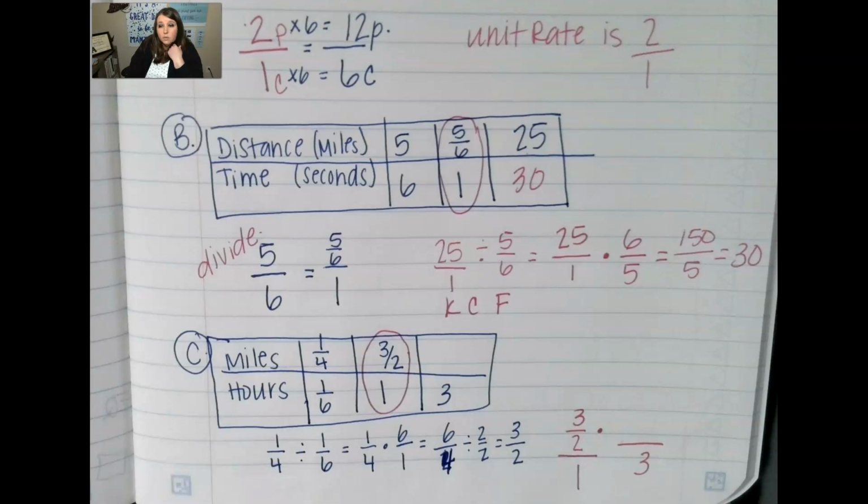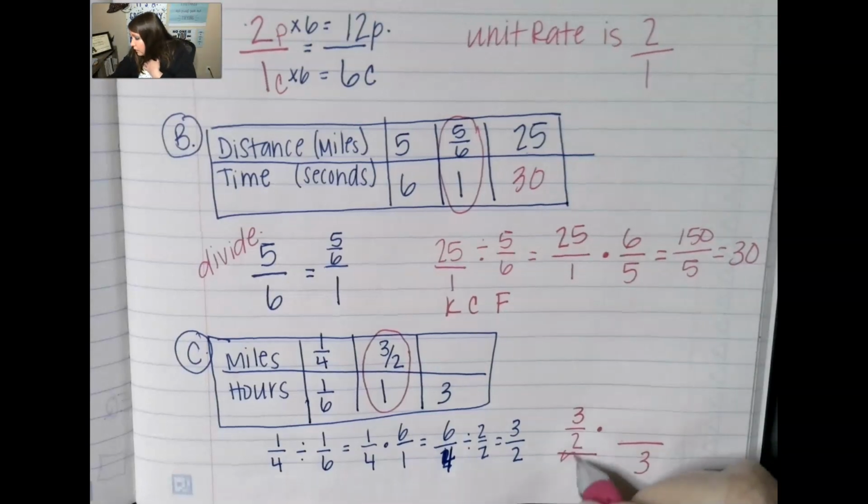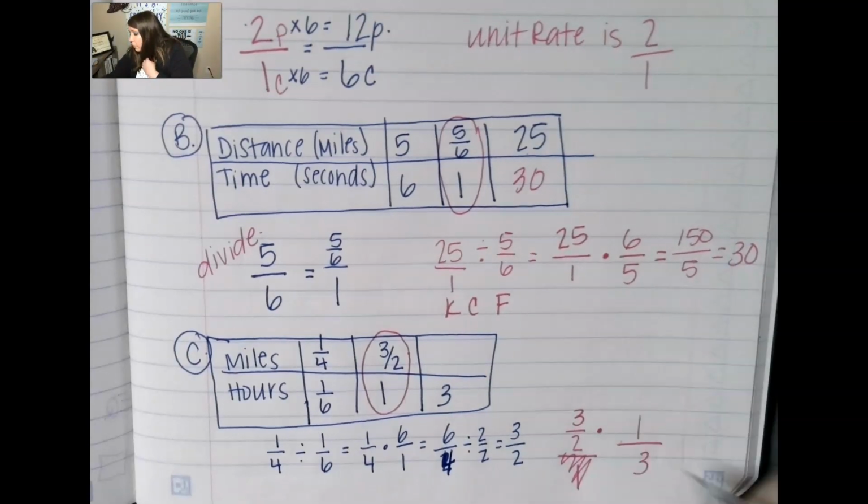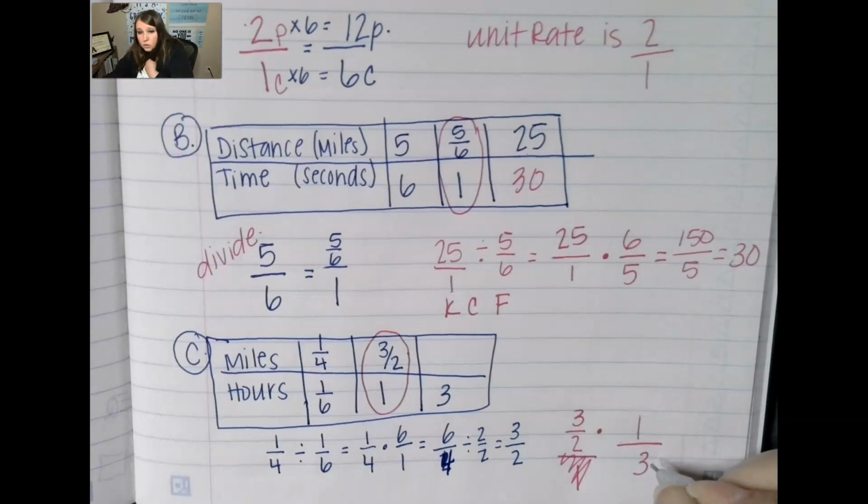All right, so now we're ready to multiply. We don't need this 1 right here. So we're going to put this 1 here, and now we're going to multiply.